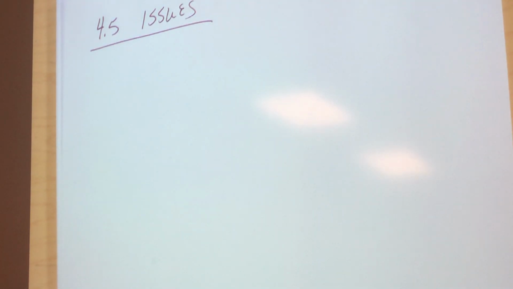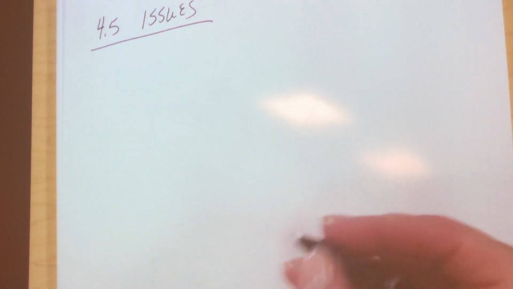So I want to talk about some things that I saw, just so you can make sure. Do you still have a worksheet that has problems from 4.5 on it? Yes, you do. That review is over 4.3 through 4.6. So they're still on there. So you might want to make sure that you didn't make any of these problems.